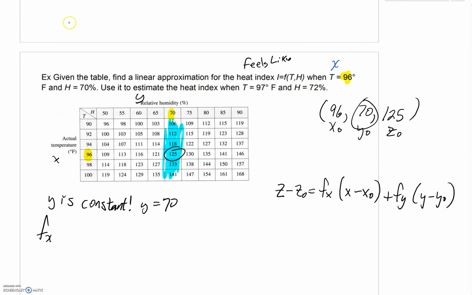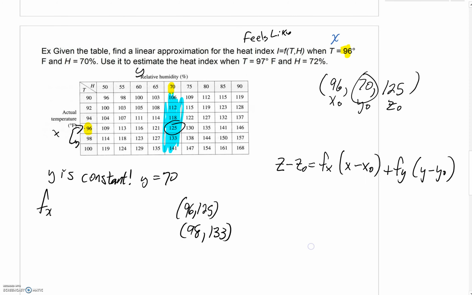And we're going to do this in a tabular format. We're going to say, look, of course we have 96 and a feels like temperature of 125. I'm going to actually go one step below here. By the way, just like you did last year in single variable calc, you could have gone with the 94 degrees also.